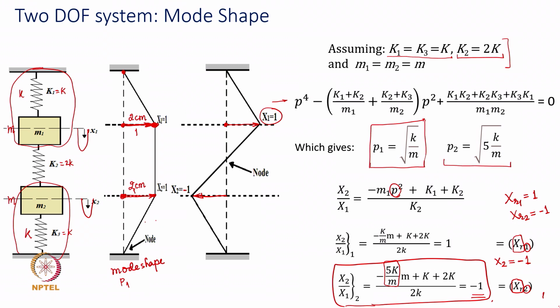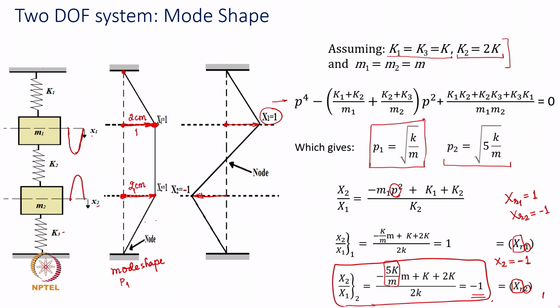So, what is going to happen when the entire system vibrates at its second natural frequency? Then in that case, when mass m1 is moving this way in the first half cycle, mass m2 is going to move in the opposite direction.